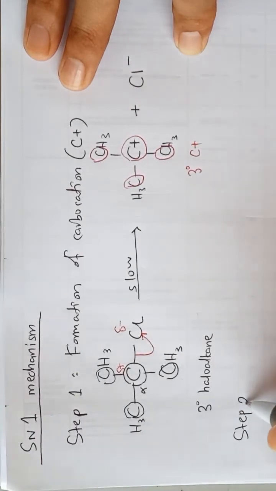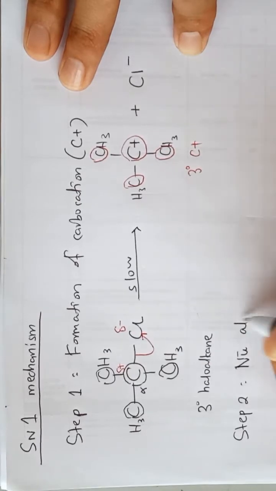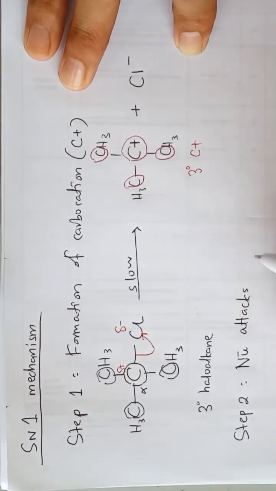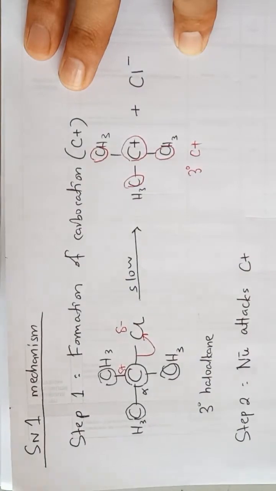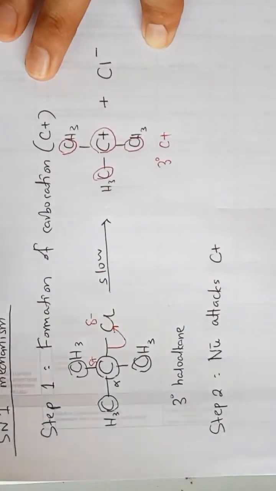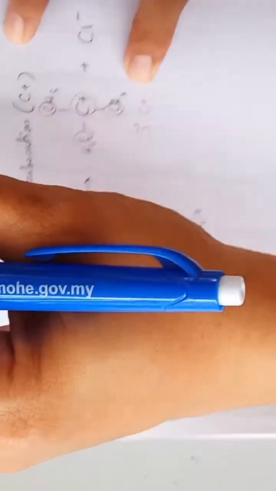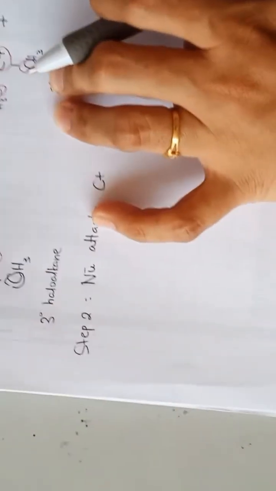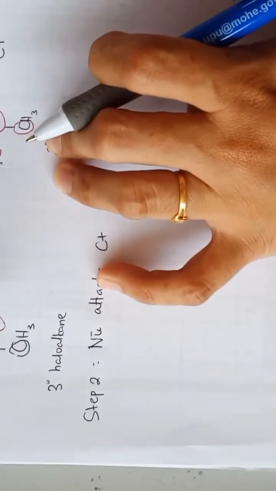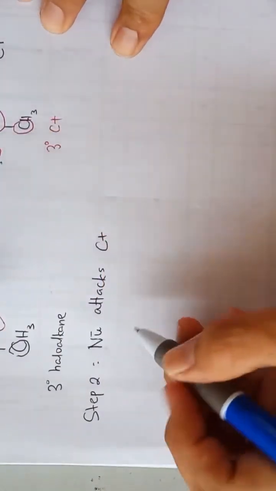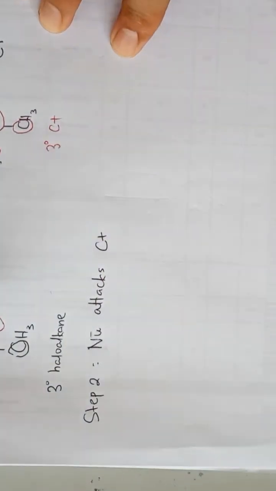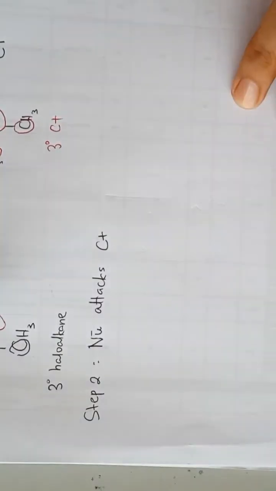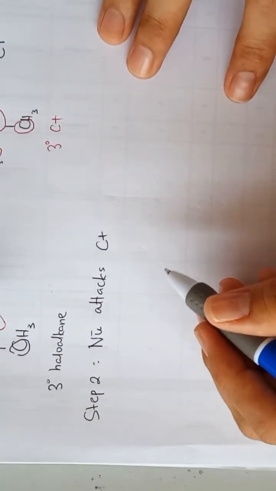Alright, so step 2. Now step 2 is the nucleophile attacks the carbocation. Okay, step 2, nucleophile attacks the carbocation.